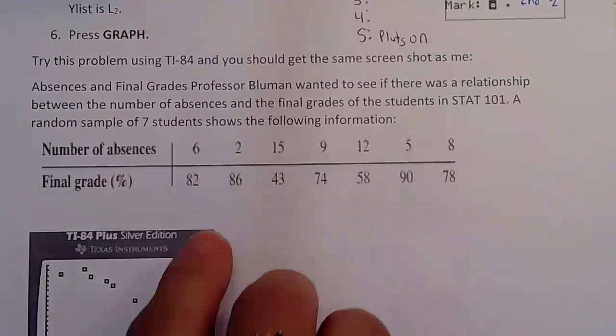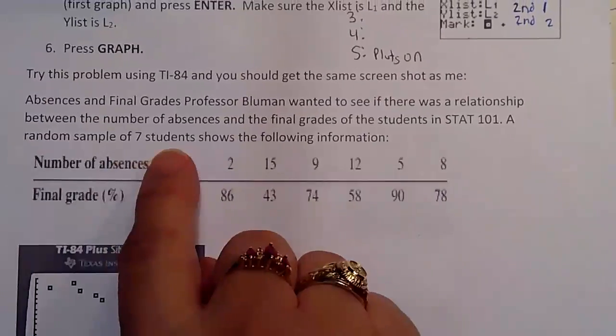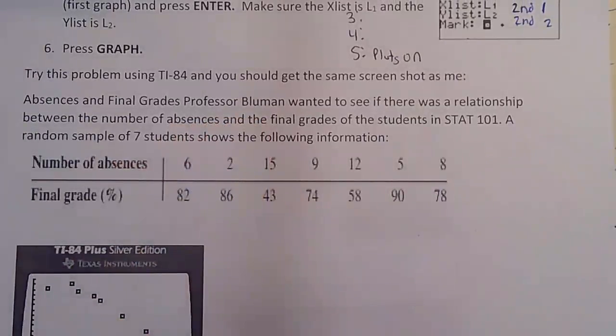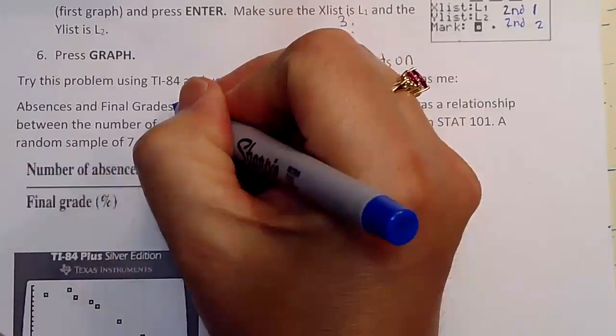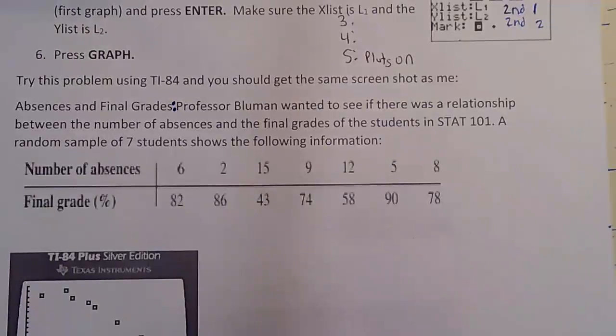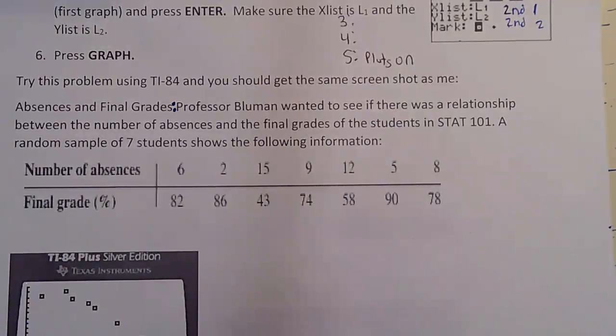It says here absences and final grades, and there should be a colon here or something. Okay, and then it says that Professor Blumen, who is the author of our textbook, the textbook that we adopt, wanted to see if there was a relationship between the number of absences and the final grades of students in his stat class 101.